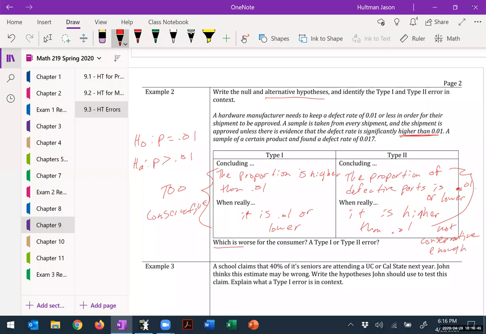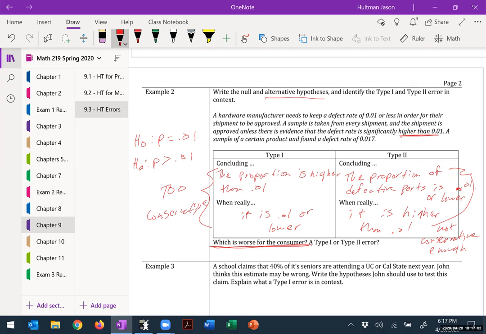Now, which is worse for the consumer? Okay, we've got to think about the producer. For the producer, type 2 is better because we're actually selling stuff that we shouldn't sell.